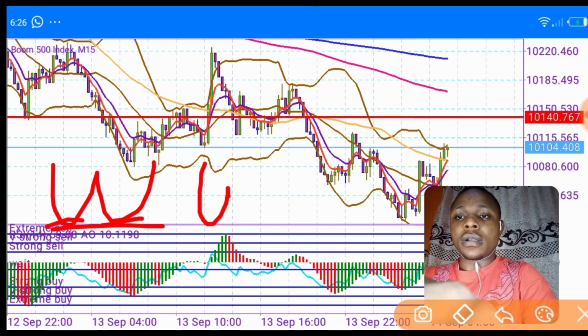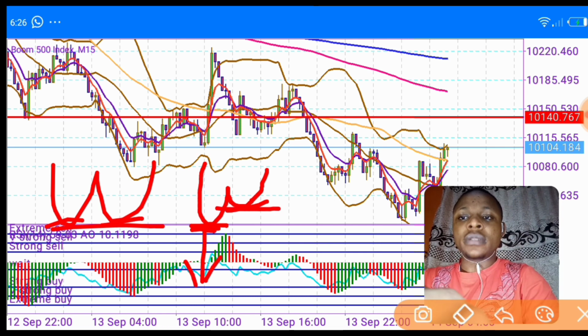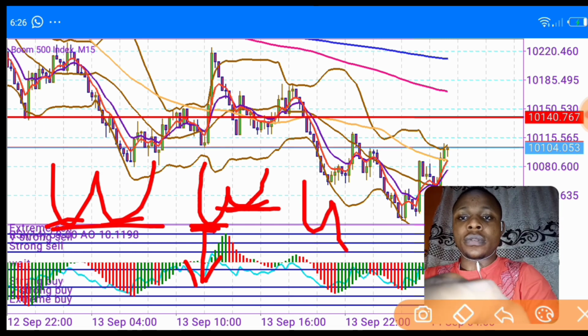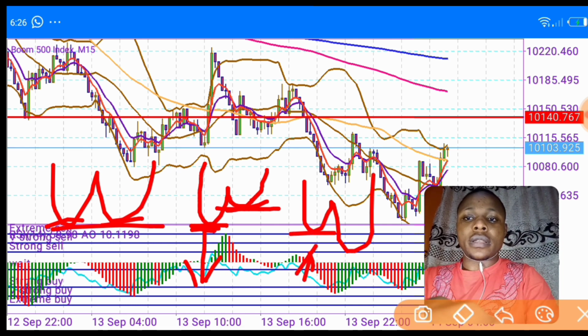Some don't get to the previous support level like this, whereby the previous low is higher than the current low. And this is the third one: the previous low is lower than the current low.